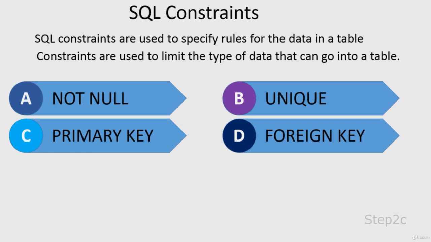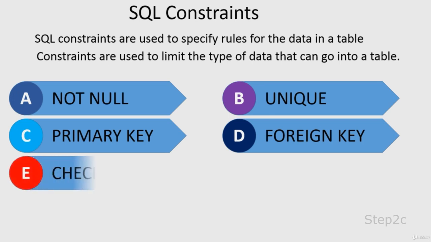Then the country name should exist in the country table. Only then will you be able to insert a state under USA or UK, because USA or UK should already be there. So foreign key makes sure of referential integrity: the data is already there in some other table.